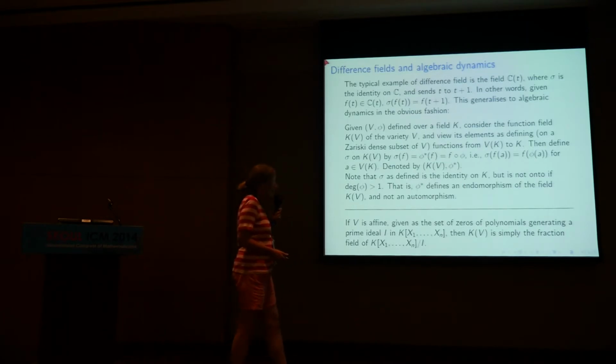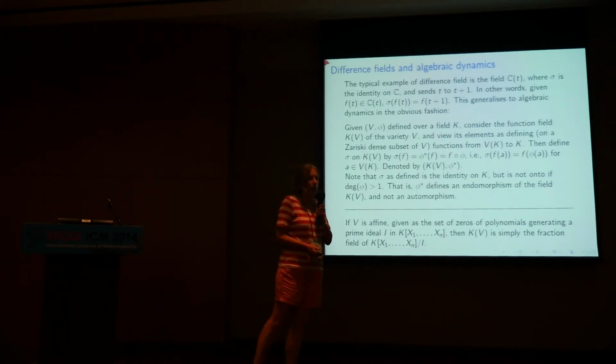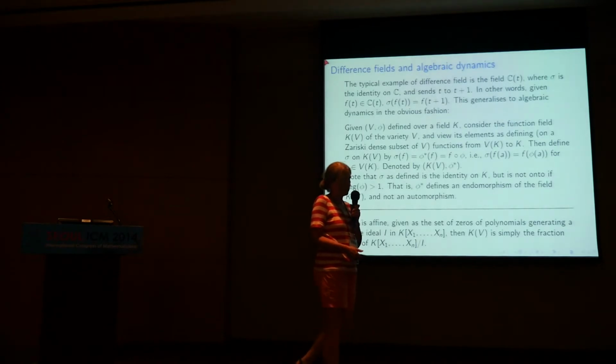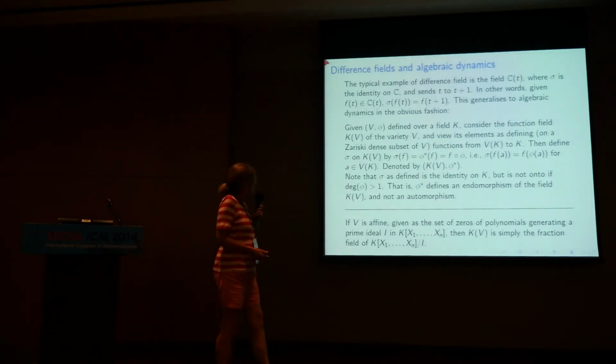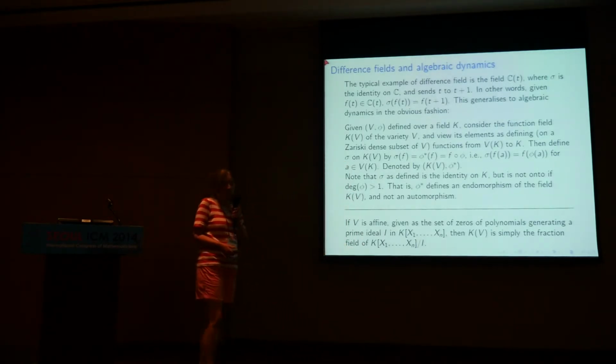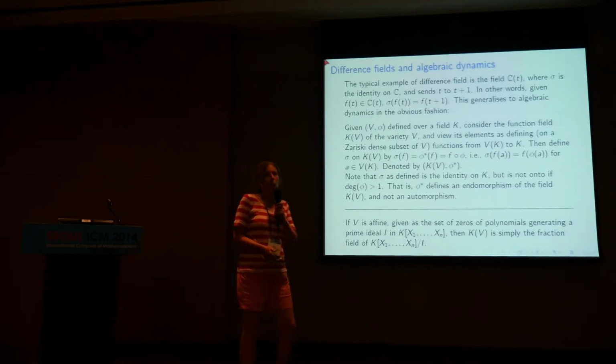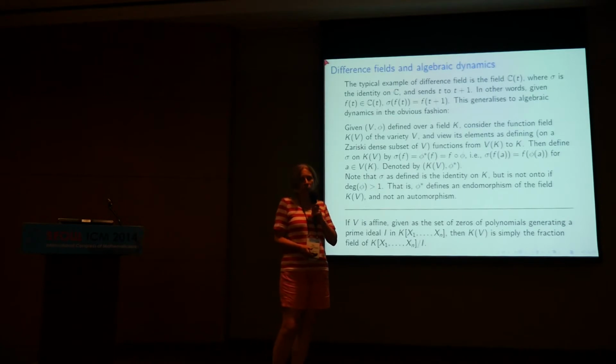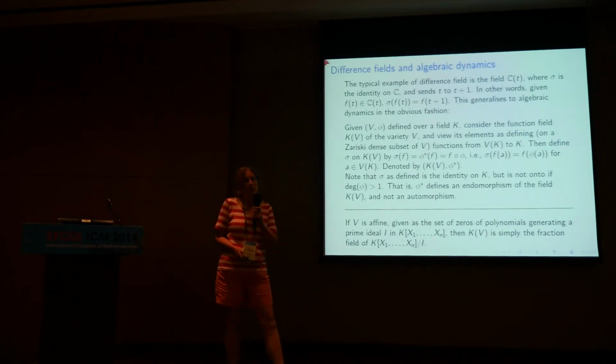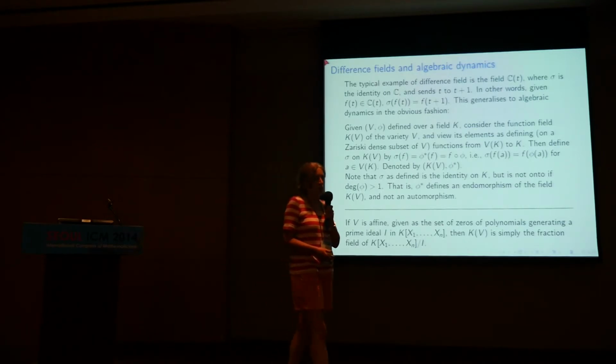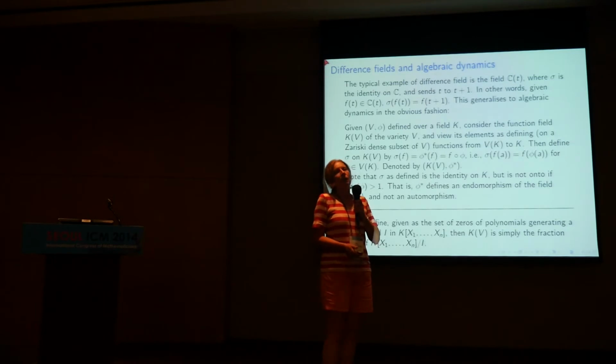I mean, any algebraic dynamic will give rise to a difference field as follows. You take the function field of the variety V. So, as I said, my varieties are quasi-projective. So, if you want, let's describe it in the affine case, you are just talking about a zero set of polynomial equations.